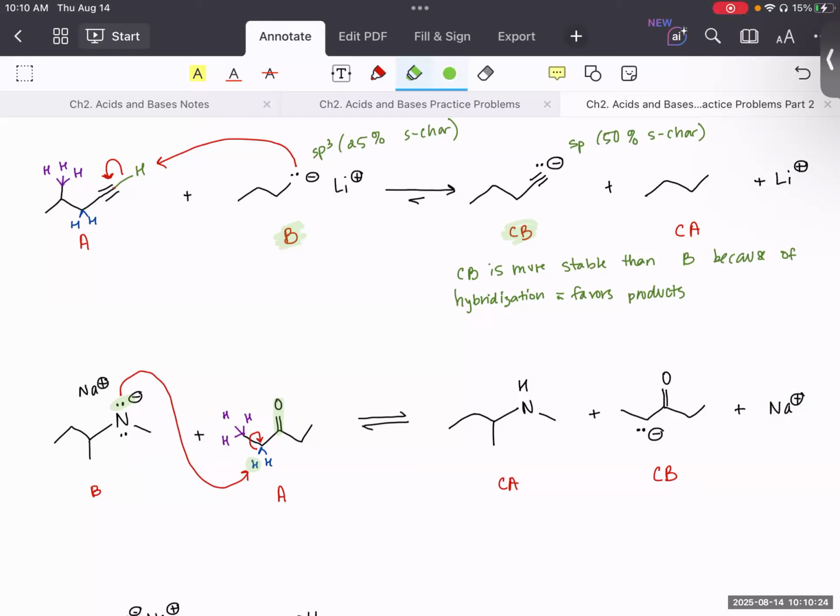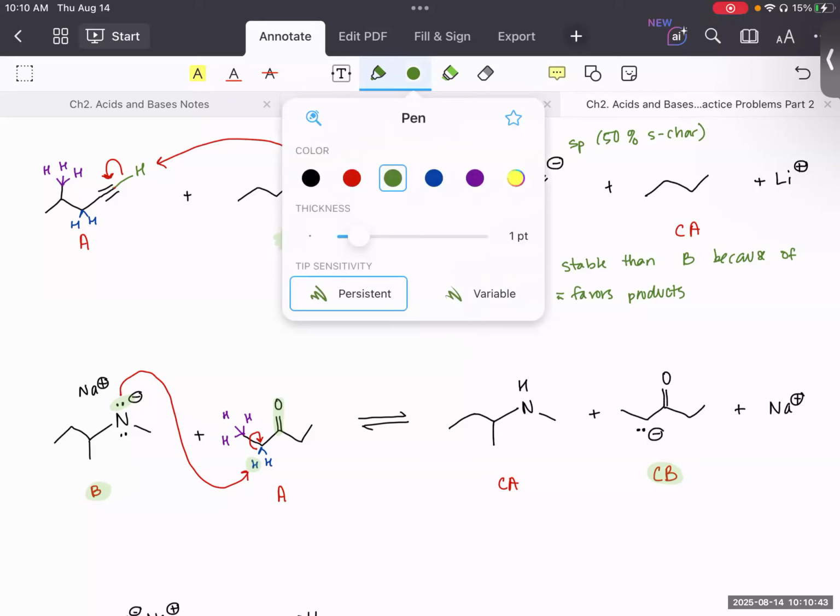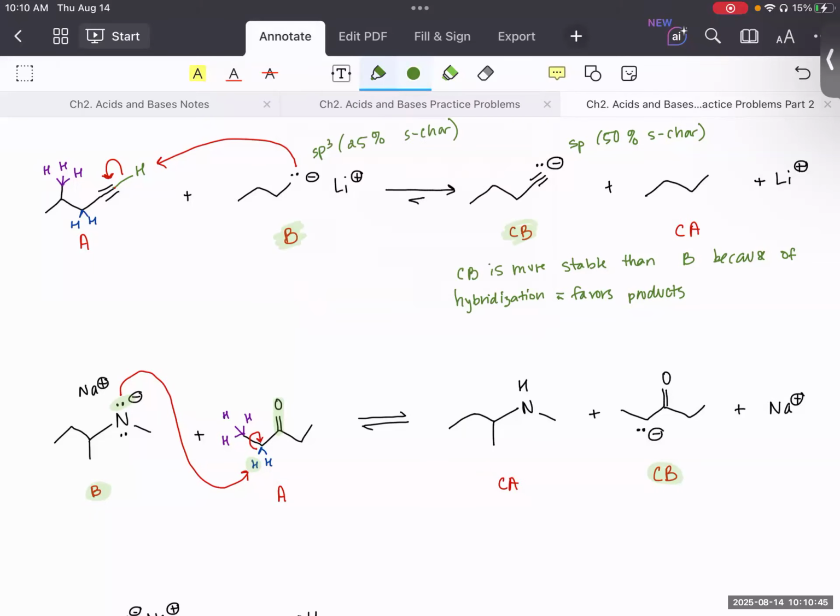And so from here, we have to determine which base is the more stable one. So we have base B on the left and then the conjugate base on the right. And so for this one, we actually have a few different effects that are important to consider here. We have the resonance stabilization in the conjugate base.